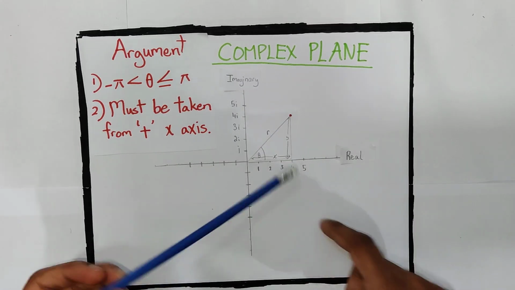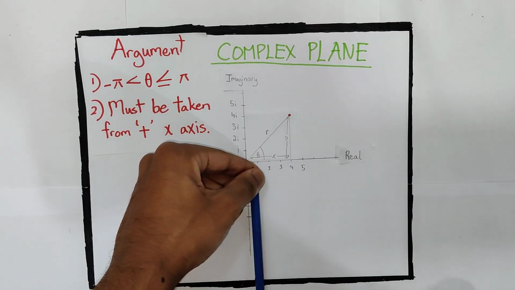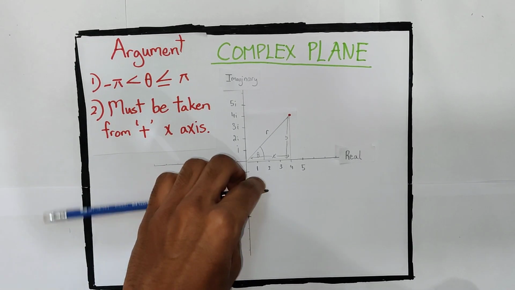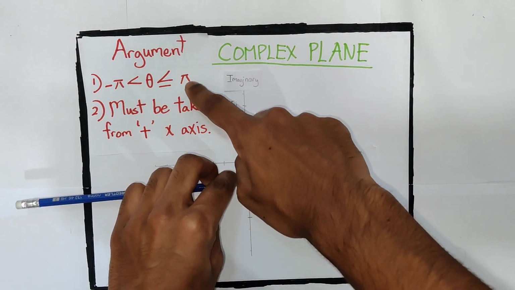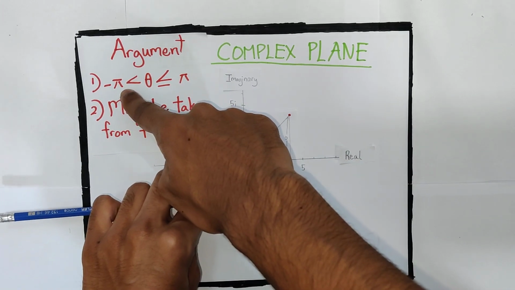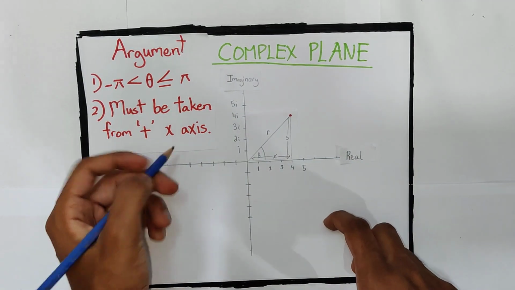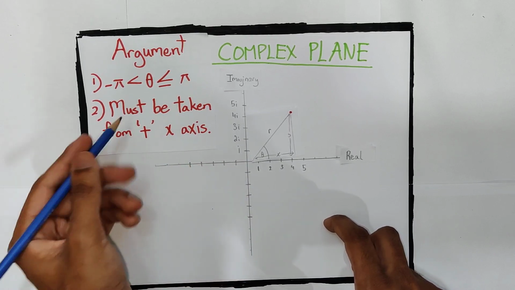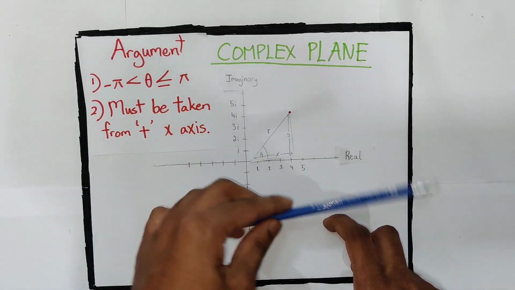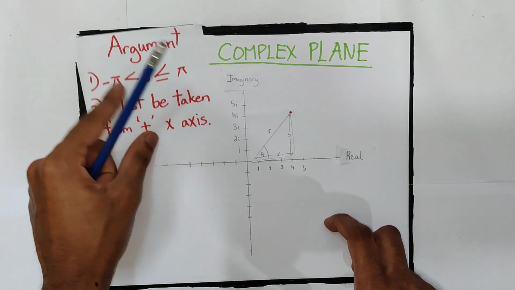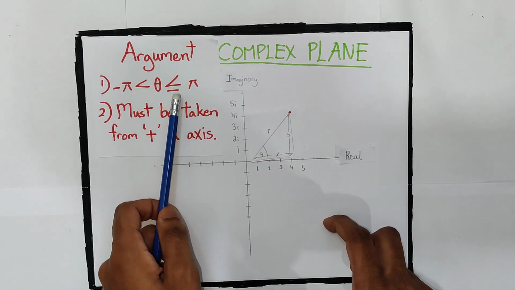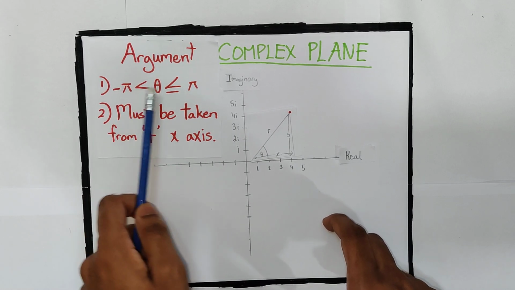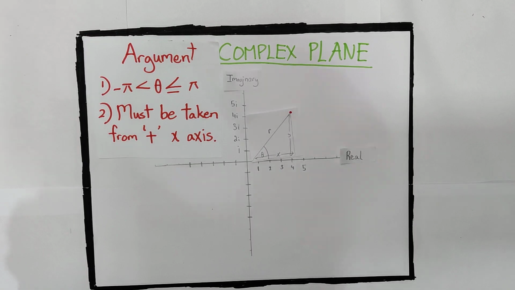If it was down here, it would have negative pi on 2 radians as its argument, and here it would still be pi radians, because remember, it has to be greater than minus pi. So if you had a number that lies on this line, its argument would be pi radians, because it can't be both pi and minus pi. The standard was set that it would be greater than minus pi, and it could be equal to pi.